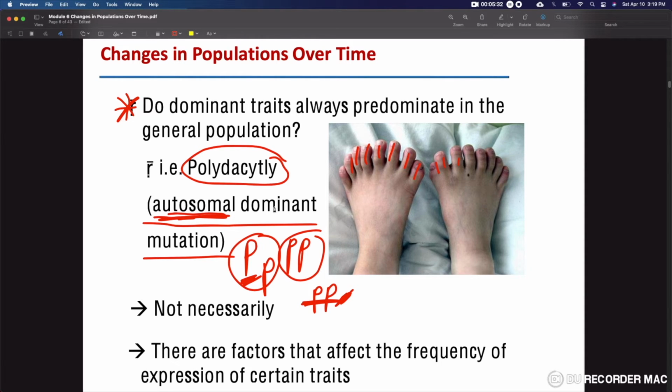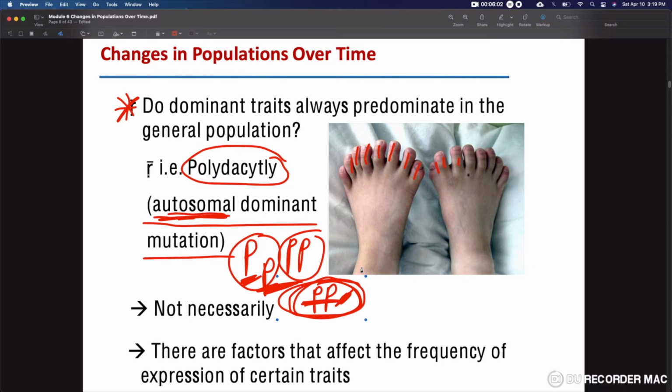If it's an autosomal dominant character, and you only need one copy of that gene for it to be expressed, why is that in our population, in the world, the normal number of digits, the 10 digits on your hands and your feet, is the predominant one?